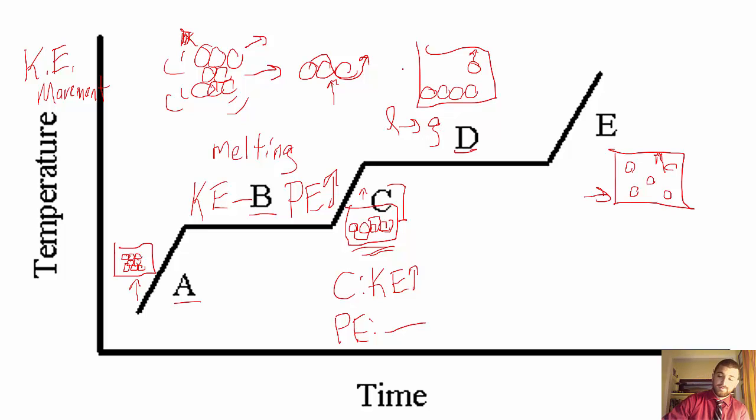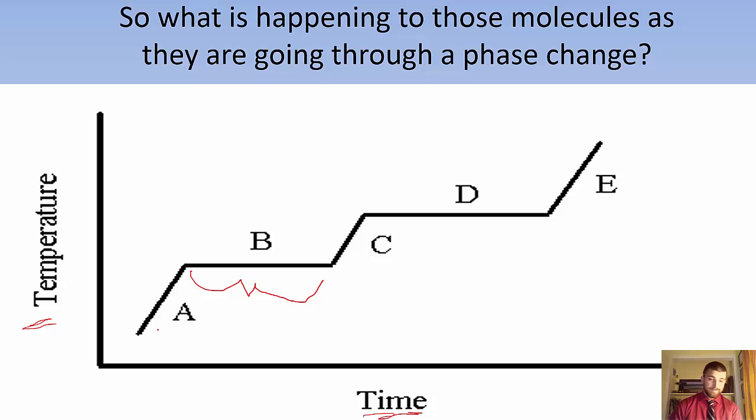All right, so let's go back here. In section A, if temperature is going up, kinetic energy is also going up, and the potential energy is staying the same. In section B, since temperature is constant, the kinetic energy, that's not an E, dummy. Kinetic energy is constant, and the potential energy is going up.